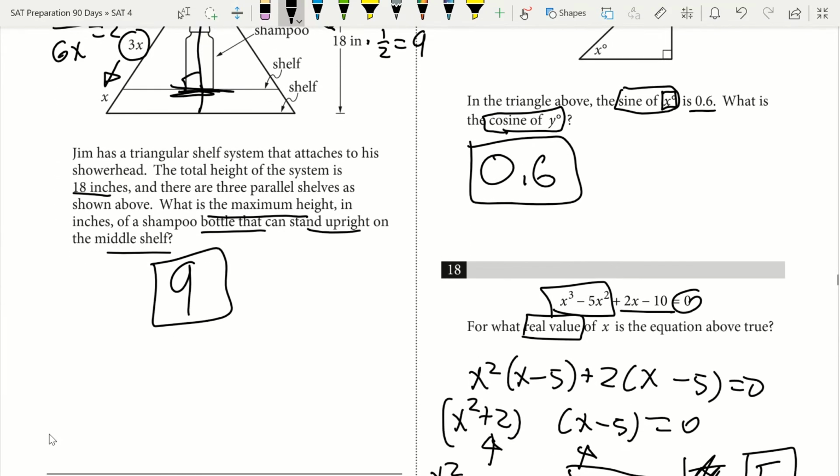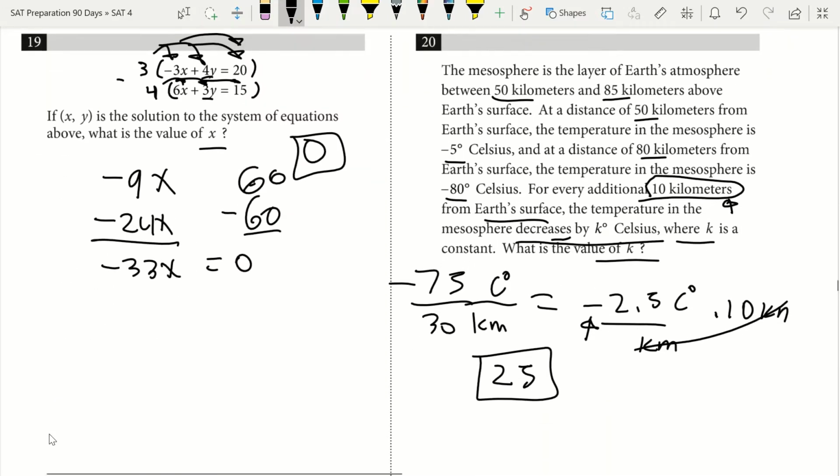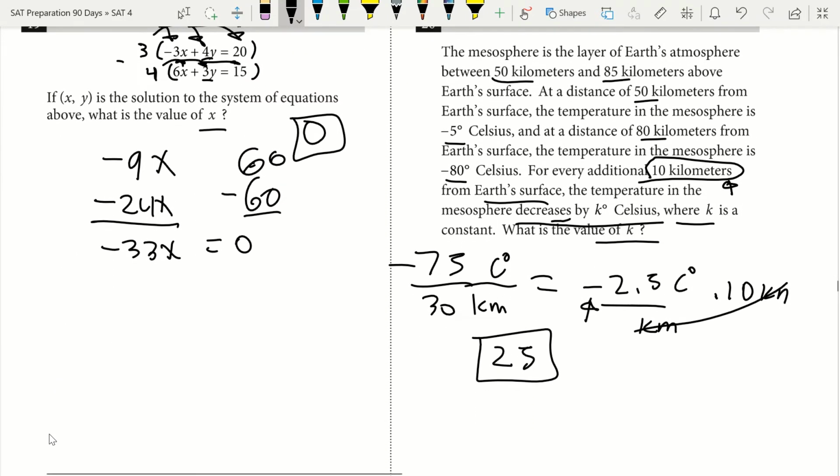Question 17, 0.6. Question 18, 5. Question 19, I see 0, and then 20 is 25.